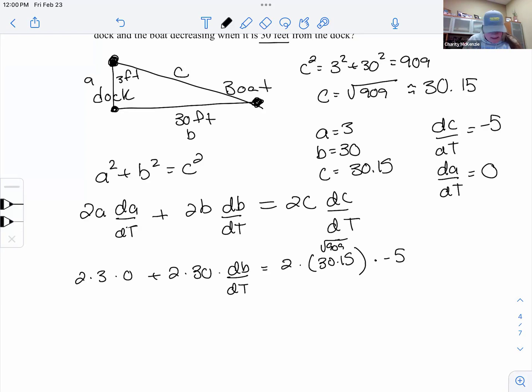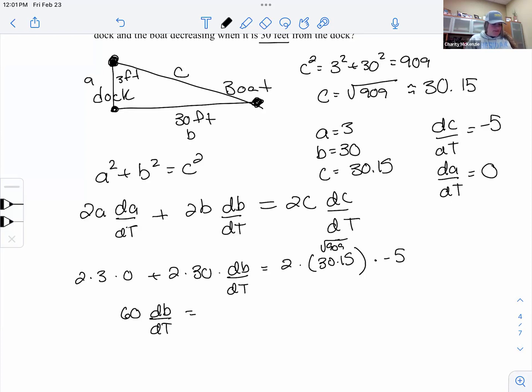So that's a little tricky. So simplify this, that first part all goes to 0. So I'm going to have 60 dB/dt, and you really should only have one rate left or you can't find the answer. It would be like a function of the rate, but it wouldn't be an actual number. I'm going to put that in my calculator.